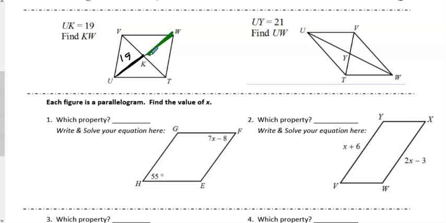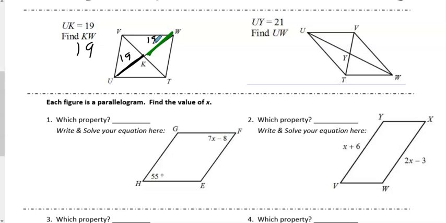KW is just the other part. And we know that diagonals bisect each other, so if this one, the black one, is 19, the green one is also going to be 19. Has to be. But be careful. It could have asked you, what's UW? In which case you'd have to double it and say 38.